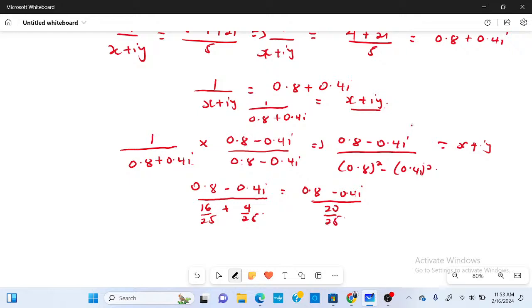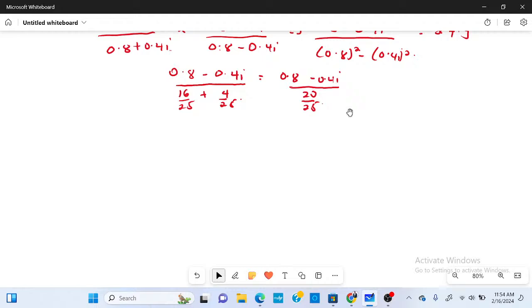So now, for me to show clearly the simplification, I only need to break down what I have here. So I'll have 0.8, which is the same as 4 over 5, all over 20 over 25, minus 2 over 5i all over 20 over 25, should give me x plus iy.